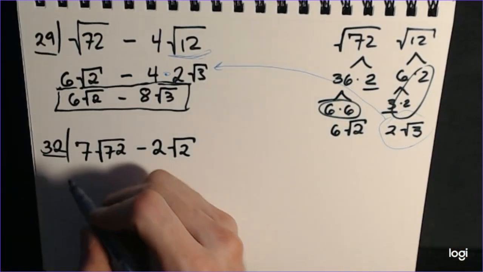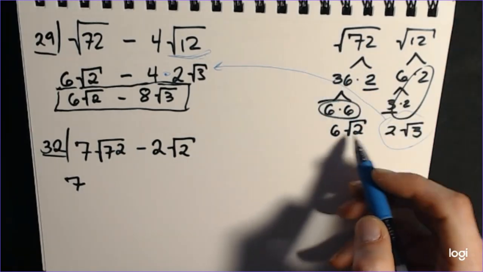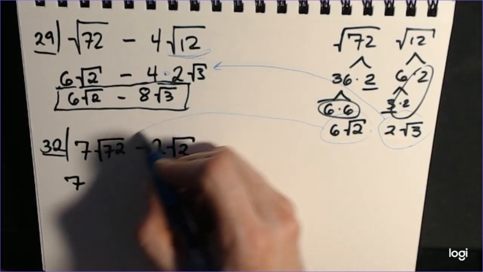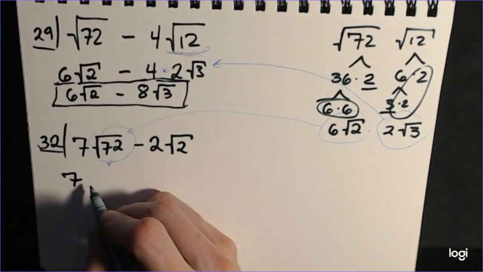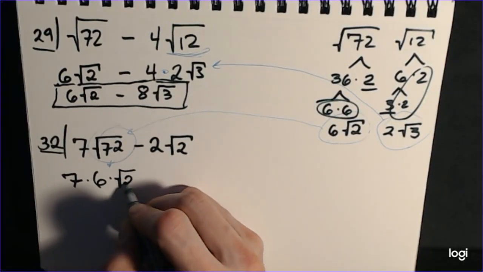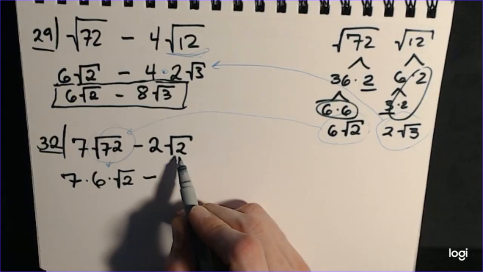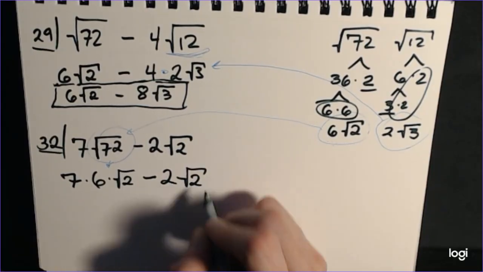Let's use it to our advantage. So I'm going to write that 7, and remember that this is the square root of 72. So we're going to substitute that in just for the square root of 72. So this will be times 6 times the square root of 2 minus, now 2 is already prime. We can't break this down anymore, so it's just 2 times the square root of 2.